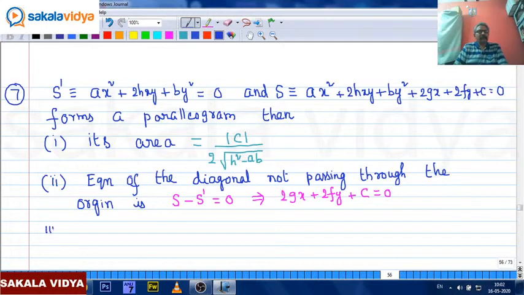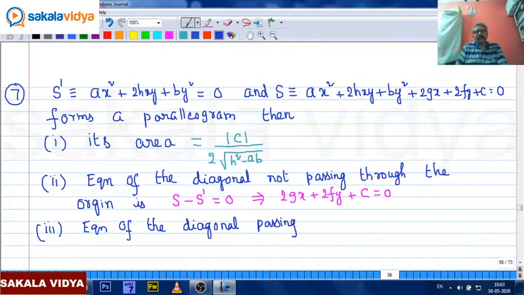Right. So next, third point, equation of the diagonal passing through the origin. So now we need to write.